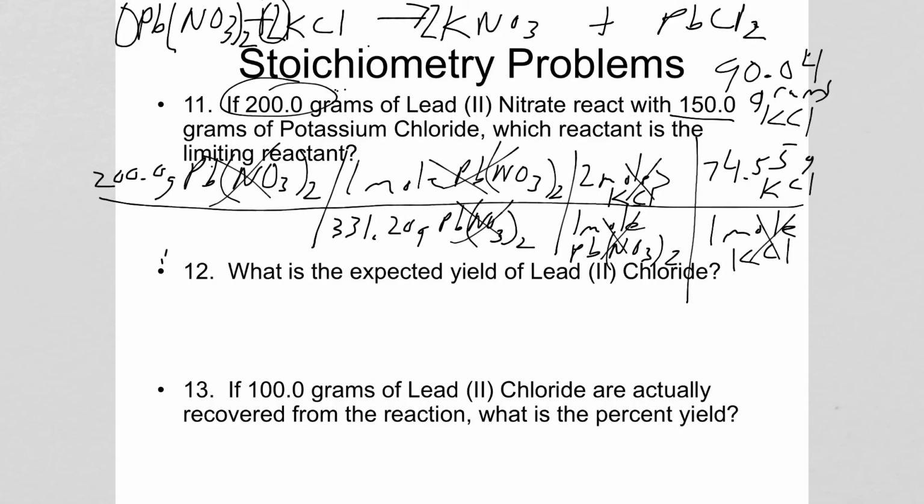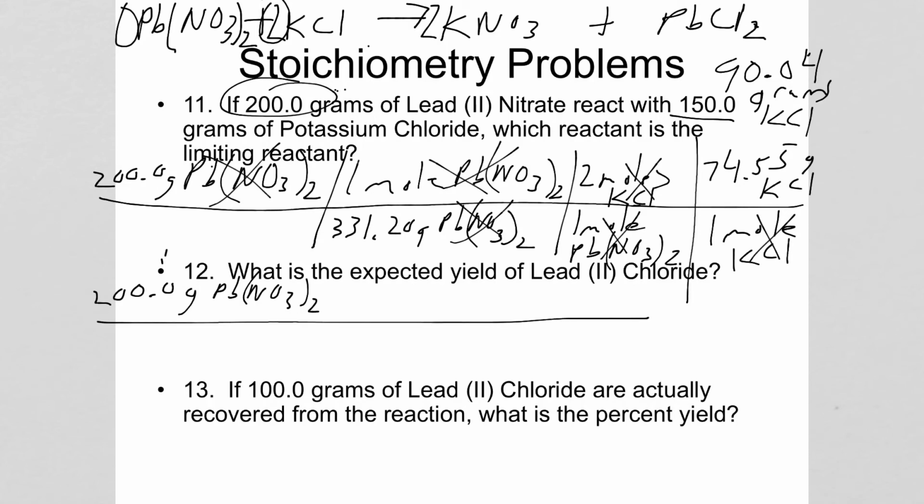So we're going to use the amount of lead 2 nitrate, the 200 grams. We're going to use that to calculate the theoretical yield of lead 2 chloride. So like always, take our given, convert that over to moles, exactly like we did in the problem up top.